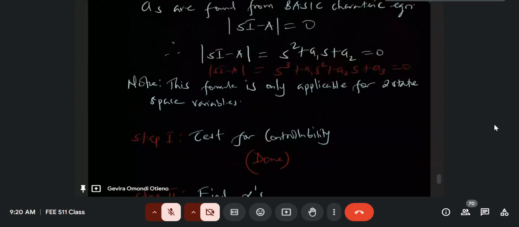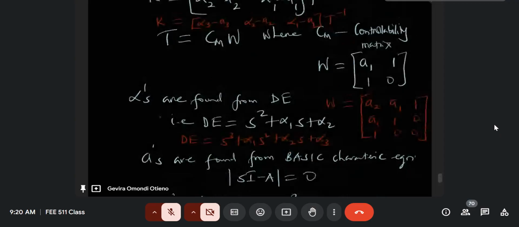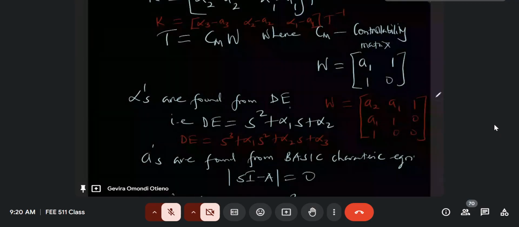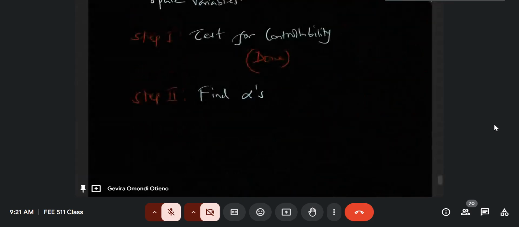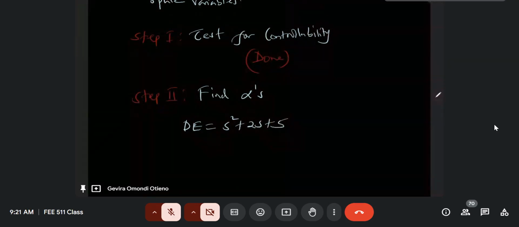But how do we obtain alphas from the equation? Alphas are found from the desired expression, and again, we had obtained the desired expression. The desired expression is found from the pole location. So the desired expression, we had obtained it as S squared plus 2S plus 5.